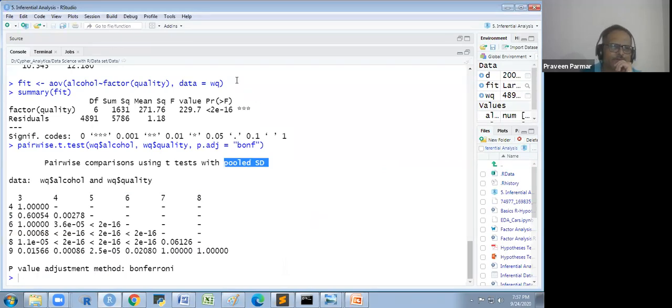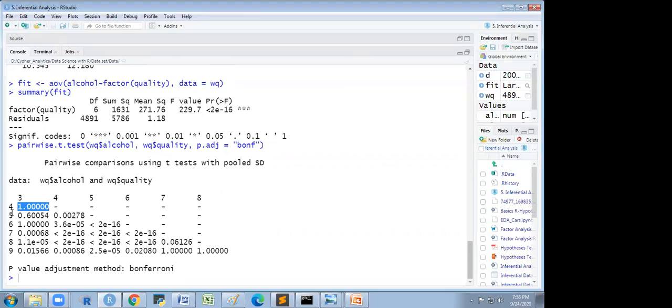And for 3 and 4, the p-value is 1, which is greater than 0.05. So is there a significant difference or not? There is no significant difference because the value is more than 0.05. So there is no significant difference between wine quality 3 and 4 with respect to alcohol. Does that make sense to everyone?